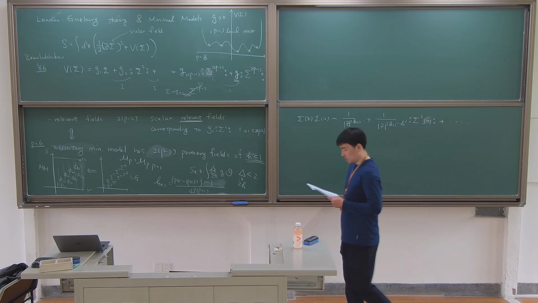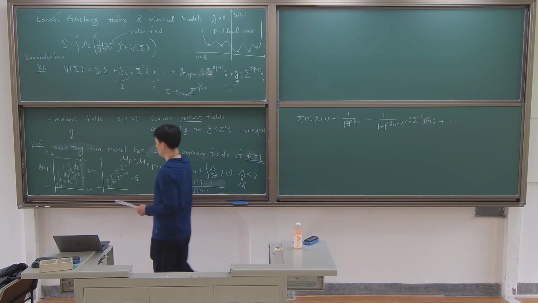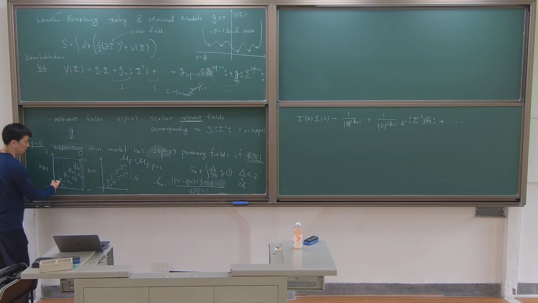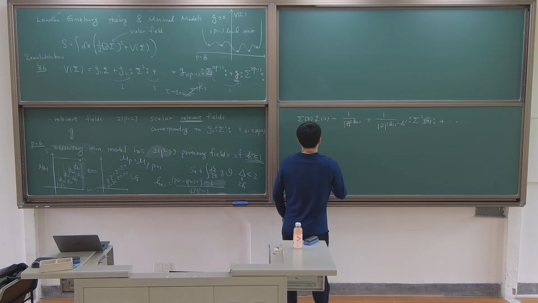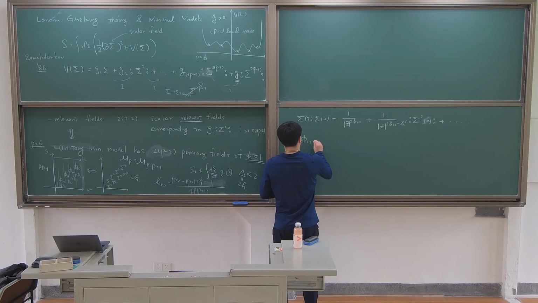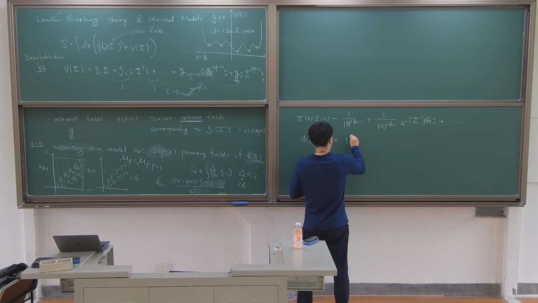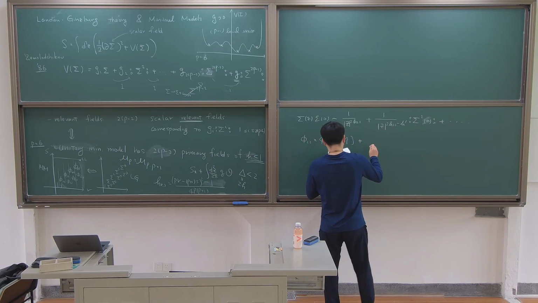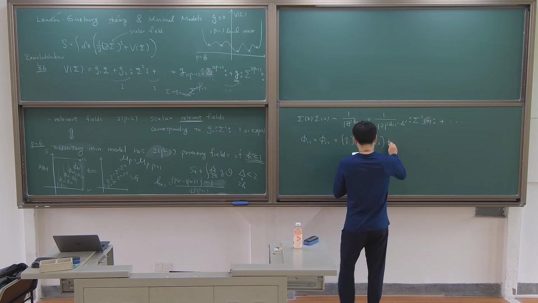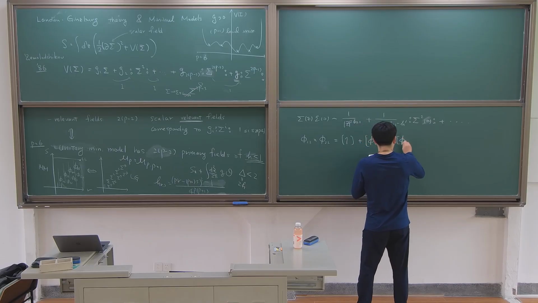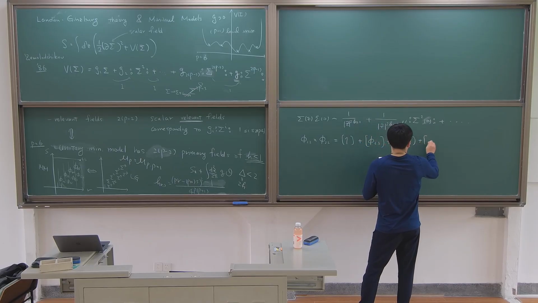So if you compute this OPE of this sigma, which corresponds to phi 2, it's supposed to correspond to phi 2. And then if you compare between phi 2 OPE phi 2, this is 1 plus phi 3, plus phi 1,3, phi 3,1, this way.